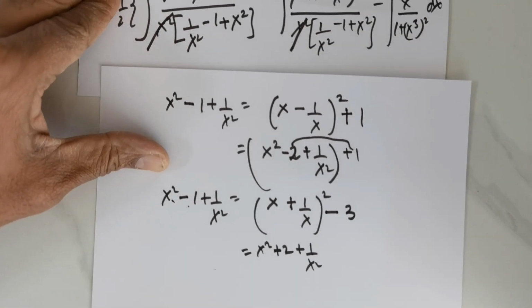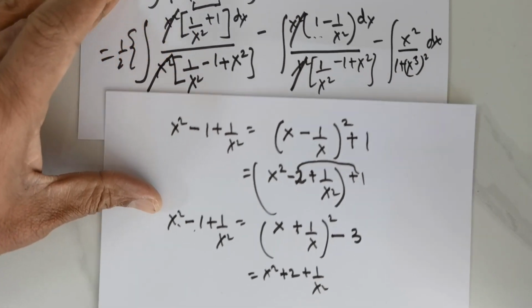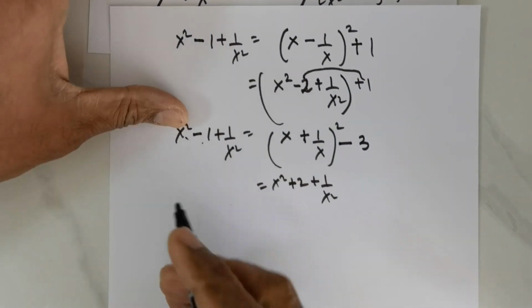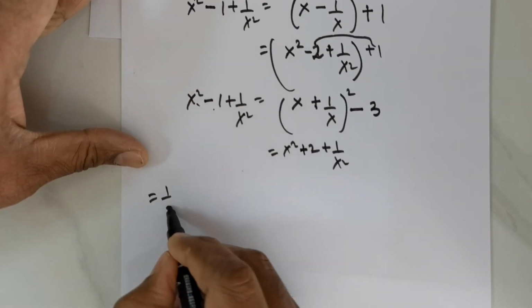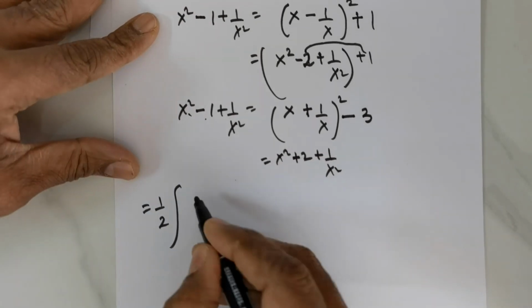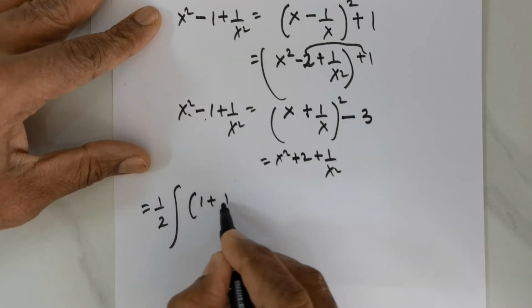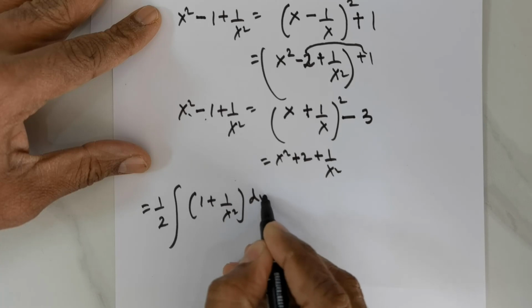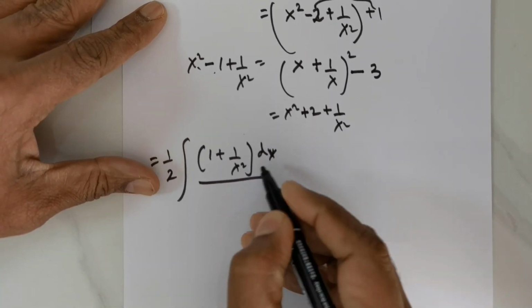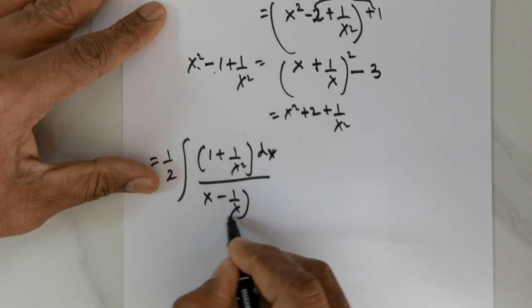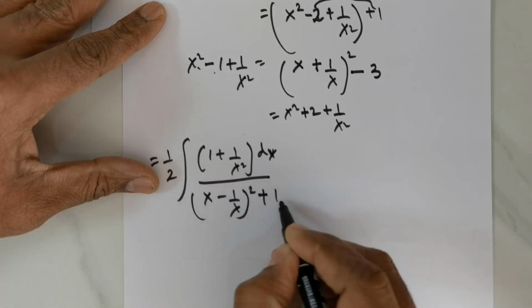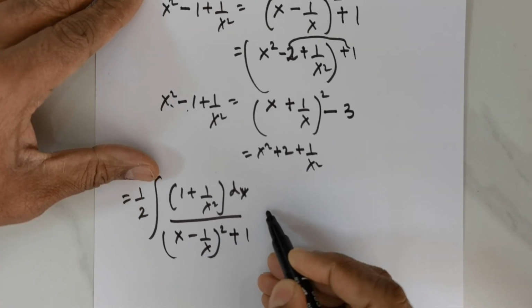So let me utilize this and rewrite the quantity. So this is equal to 1 over 2 integral, we would write this as (1 + 1/x) whole square times dx divided by (x − 1/x) whole squared + 1 for the first term.